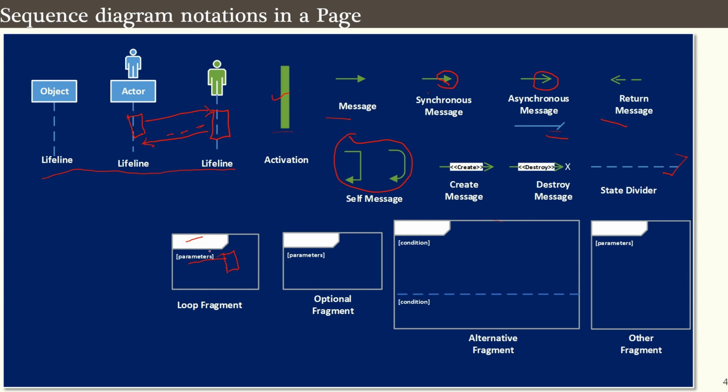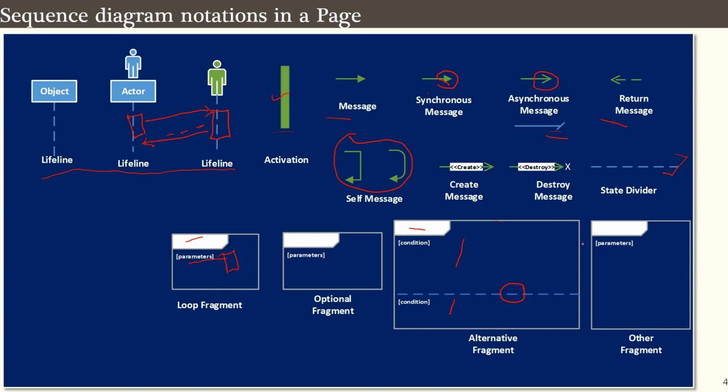You can also mention optional fragment like this, same notation. You can have a complex fragment where you have a condition and the true part will go here and the else part can go here. And if you look here, we have a dashed line that is nothing but the state divider. So this is the way that you can make the sequence diagram modular.